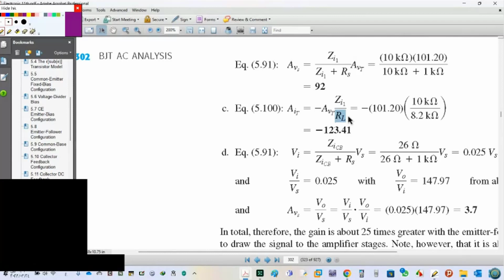AI is the first over the last. First over the last. Then you can calculate what you want. Is it clear?